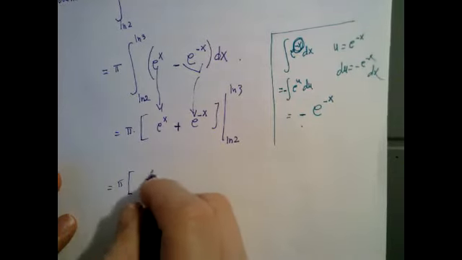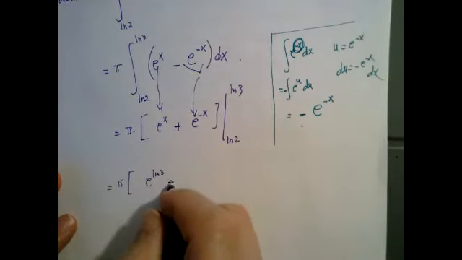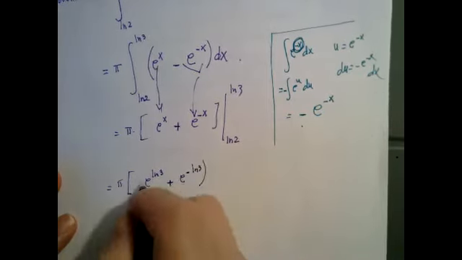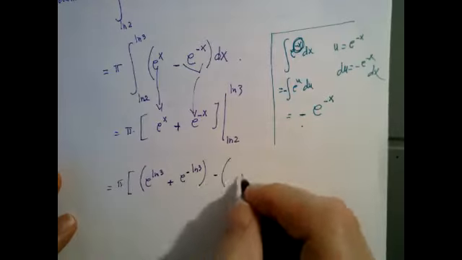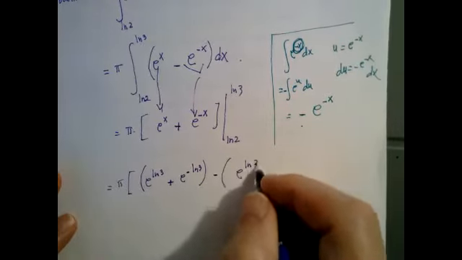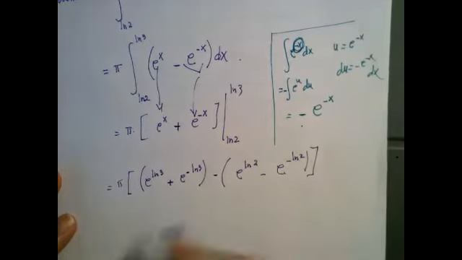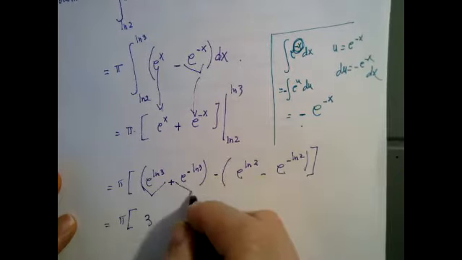At the upper limit, e to the minus ln of 3, minus at the lower limit. So finally, I will get e to the ln of 3 is 3.